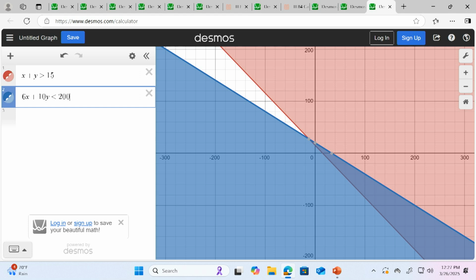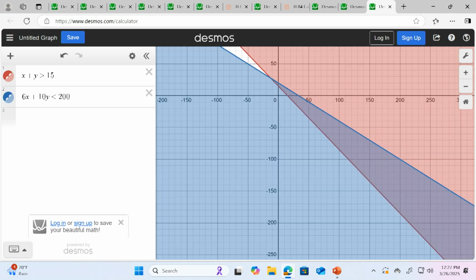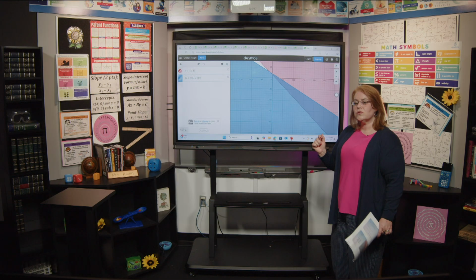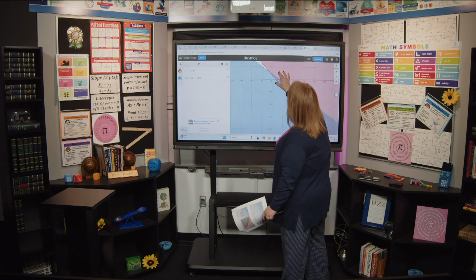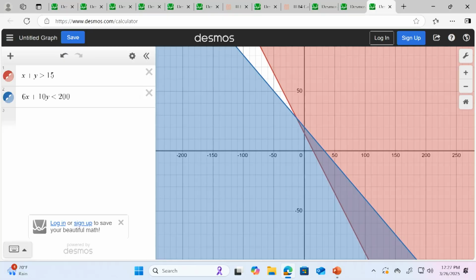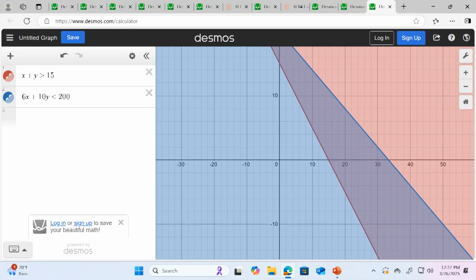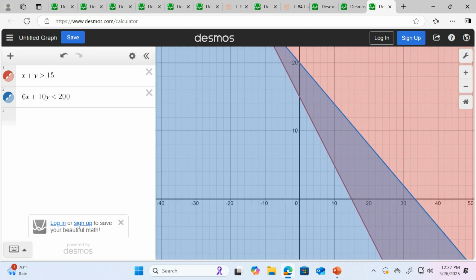If the shading is the way it is and we're looking for that purple portion, just that purple portion, but can I have negative books? No, I can't. So I'm going to have to get back up here to these real numbers that are positive to look to see what possible answers I can get. So everybody look at that purple portion that's between my X and Y axis. Those are my possible answers.